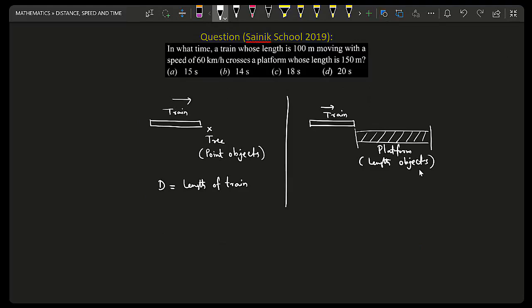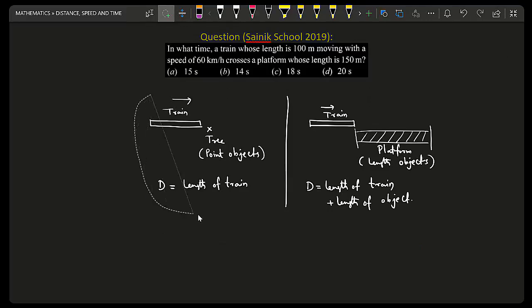So whenever length objects are there, the distance traveled is not only the train length; you have to take the length of the train plus the length of the object. Remember this to solve such questions while a train crosses something. For a point object, the distance is the length of the train, and if it is crossing an object with finite length, the distance traveled is the length of the train plus the length of the object. All of you remember this.